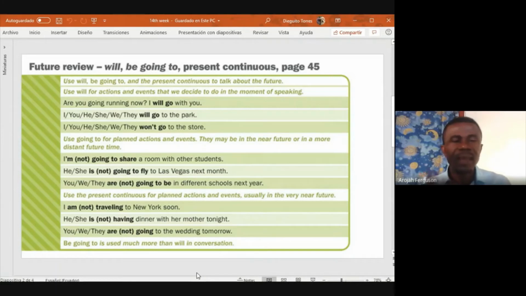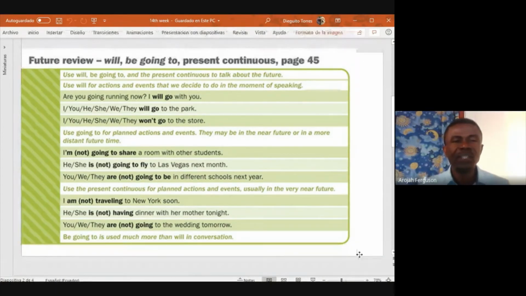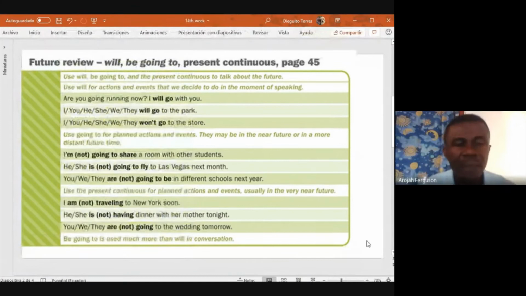Then I am going to, it's an action you plan to do now. Normally you can use both interchangeably, but they are limiting us to specifics in the books. So I am going to share, or I am not going to share a room with another student. Then the other side, the present continuous form, we are told it's a planned action. So how we use it is that I am not going to travel to New York.